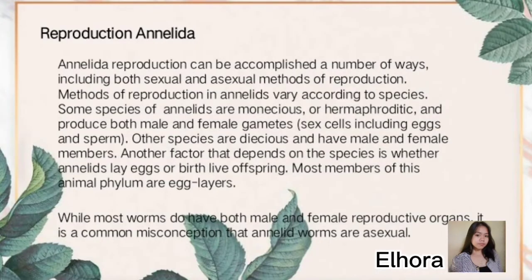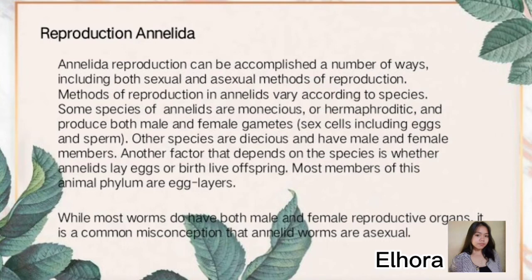Annelida reproduction. Annelida reproduction can be accomplished a number of ways, including both sexual and asexual methods. Methods of reproduction in annelids vary according to species. Some species of annelids are monoecious or hermaphroditic and produce both male and female gametes, sex cells including egg and sperm. Other species are dioecious and have male and female members.